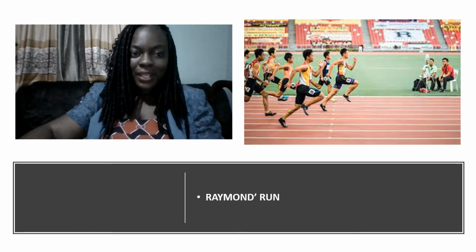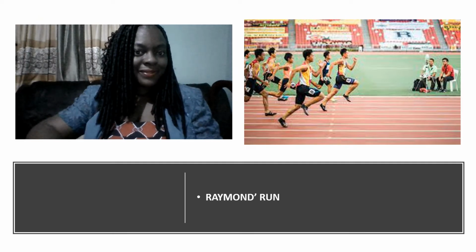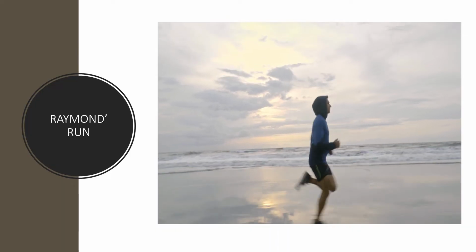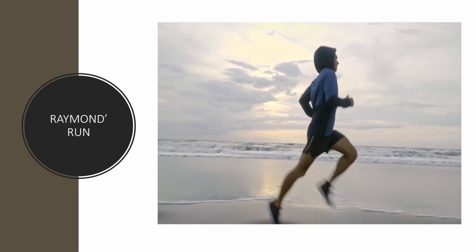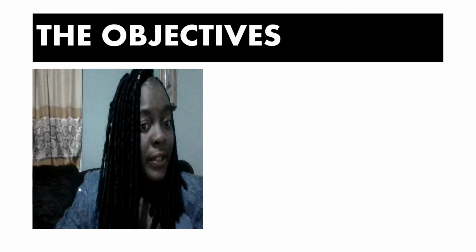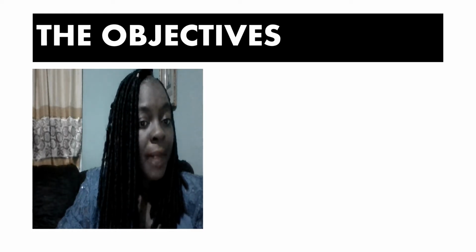Today we shall be looking at the short story Raymond's Run. The objectives of this presentation are as follows. One, to make students conscious or aware of the type of family structure that exists within this short story.